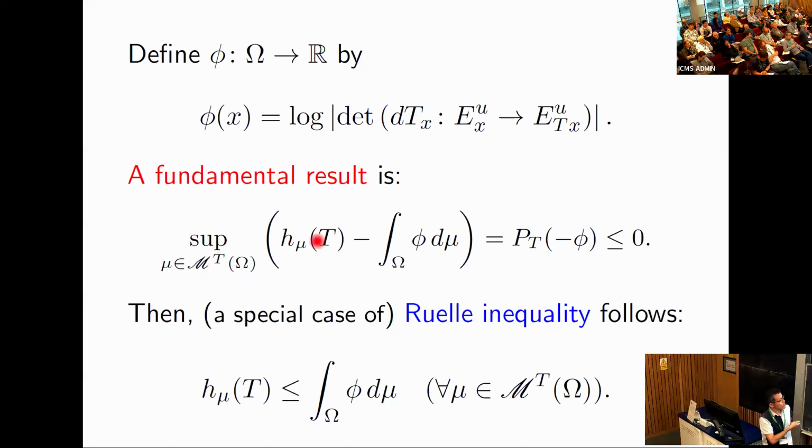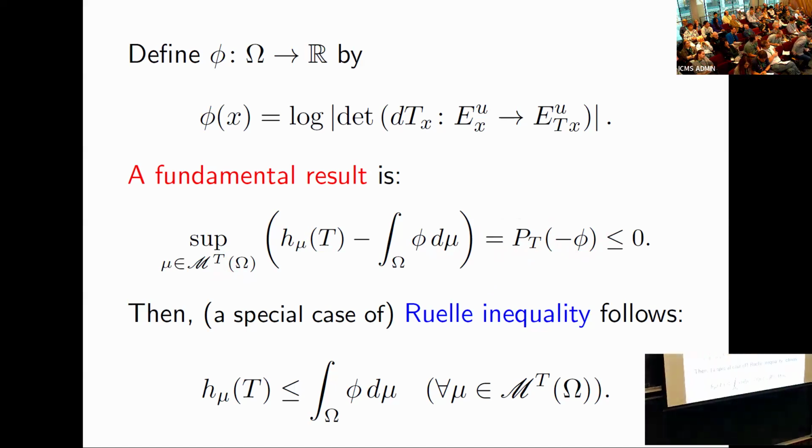Then it is known that this is equal to the so-called topological pressure with respect to the potential function minus phi. This first equation is the so-called variational principle, and this is a very general result. And the fundamental result specific to the Axiom A case is this inequality: this quantity is always less than or equal to 0.